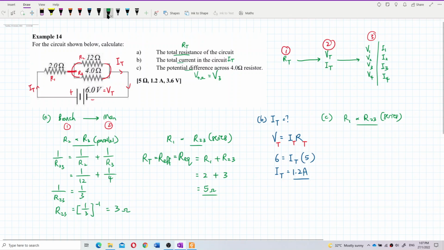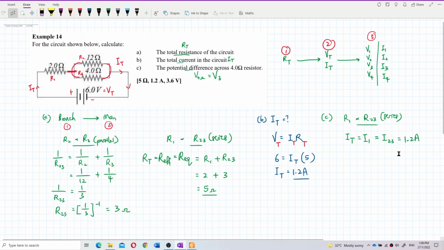What I can say is the total current I total is equal to the current passing through R1, which is I1, and also equal to I23, the current passing through the combination of resistance 2 and 3. So series means they have the same current. So this is equal to 1.2 ampere.